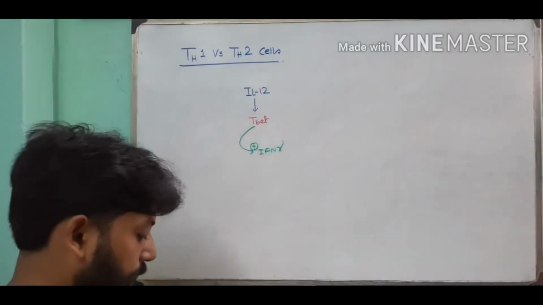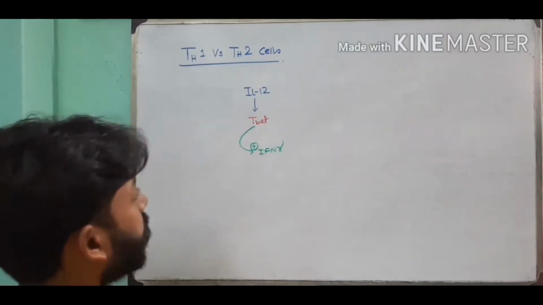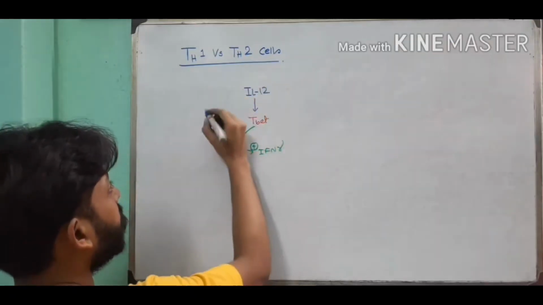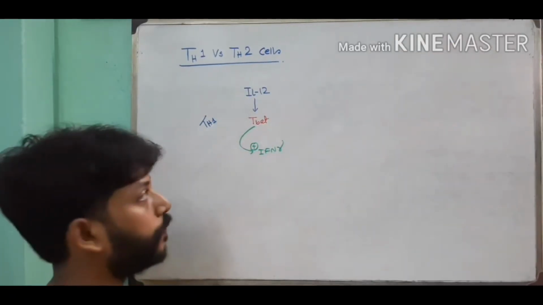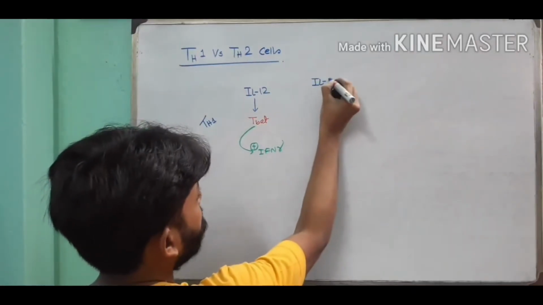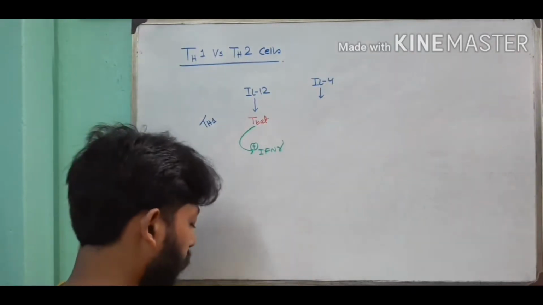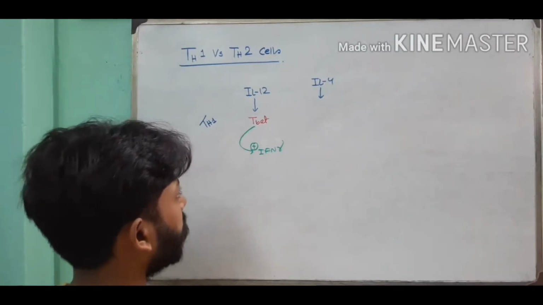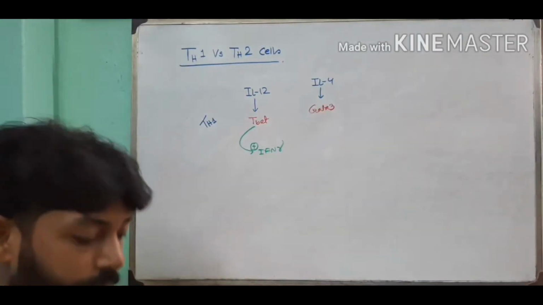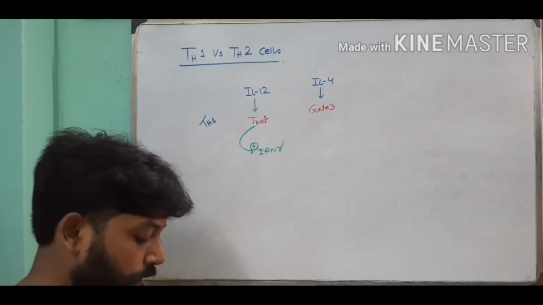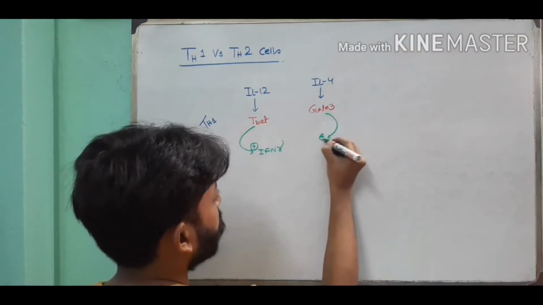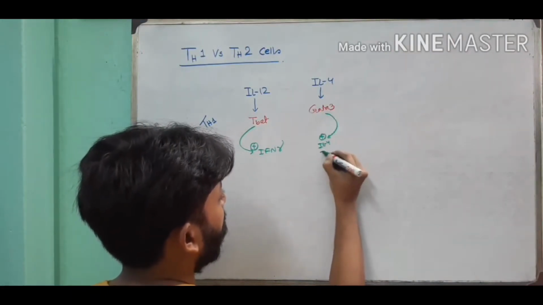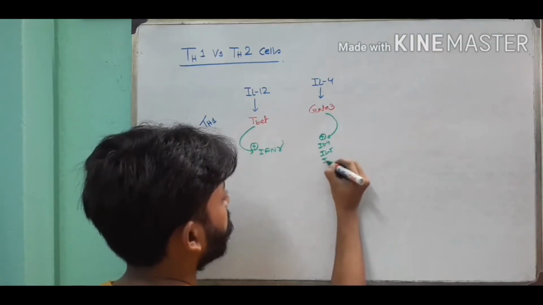So this is the TH1 case. In case of TH2 cells, the IL-4 cytokine is responsible for induction of a master regulator, that is GATA3. Now what happens? This GATA3 positively regulates production of IL-4, IL-5, IL-13.